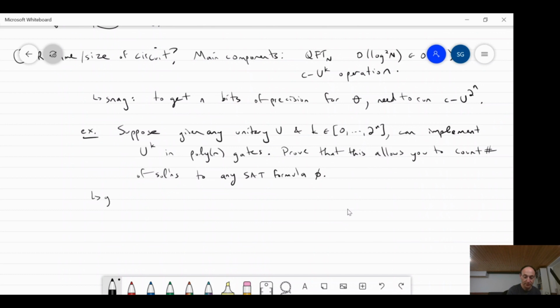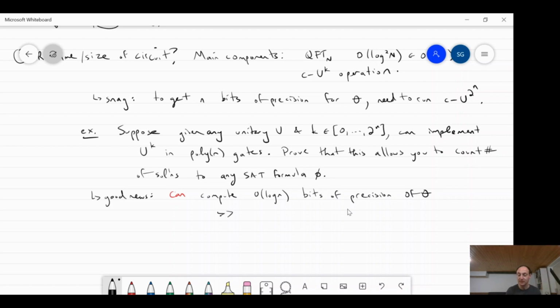So the good news is that we can compute order log n bits of precision of theta. In particular, that means I won't get all of theta, of course, but I'll get the first log n bits, basically. And there's an exercise here.